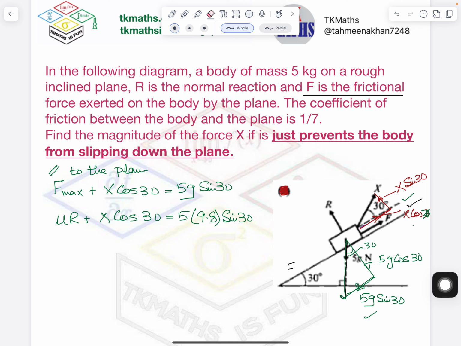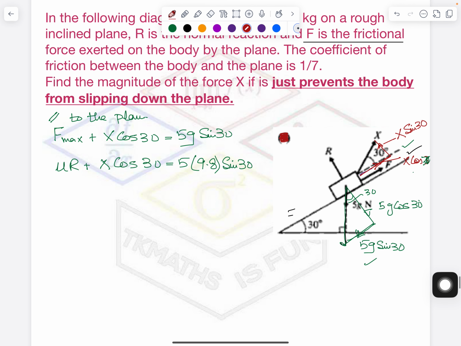So first of all, let me calculate R, which I can substitute in this place. What is R here? If you see, R is acting upward and this x sine 30 is acting upward, perpendicular to the plane, and then downward is 5g cos 30, right?